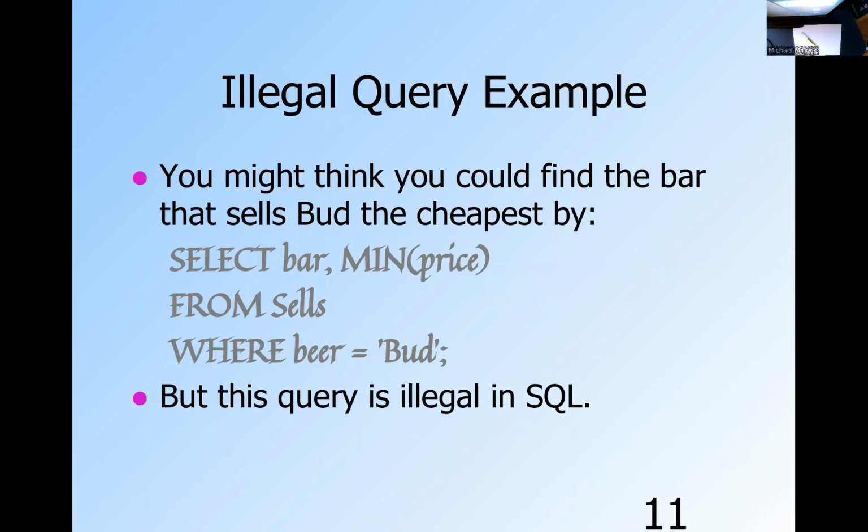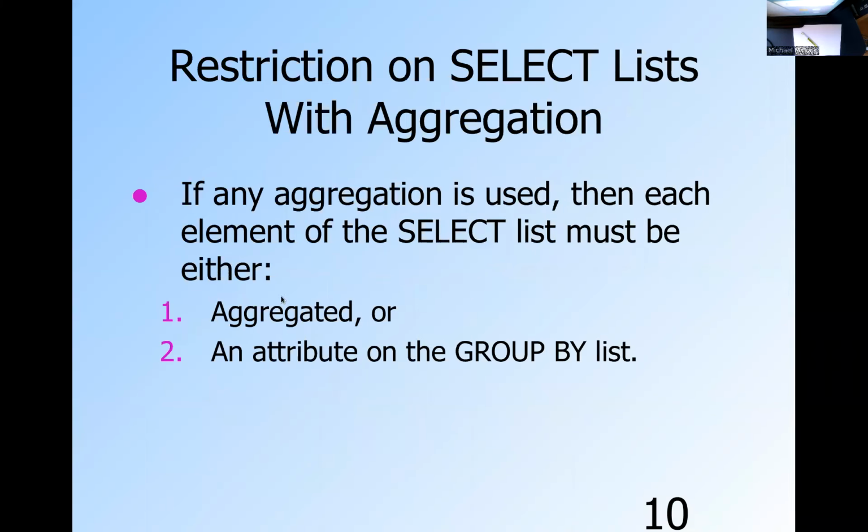I've seen many times people scratch their head, why doesn't this work? Let's do a litmus test here: if there's any aggregation used, then each element of the select list must either be an attribute in the group by list or aggregated.